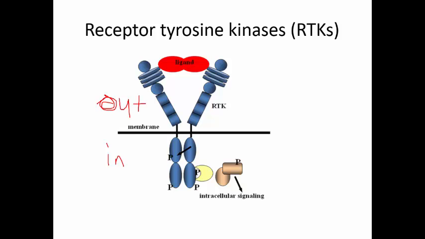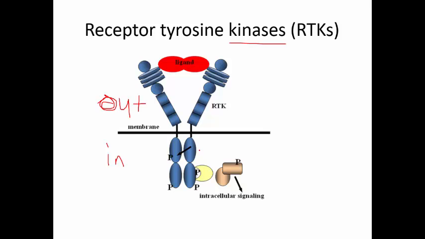And so what happens on the inside when the ligand brings these two together is these interior domains actually phosphorylate each other. That's why they're called receptor tyrosine kinases. The receptor itself is a kinase. This domain can phosphorylate this one, and this domain can phosphorylate this one.